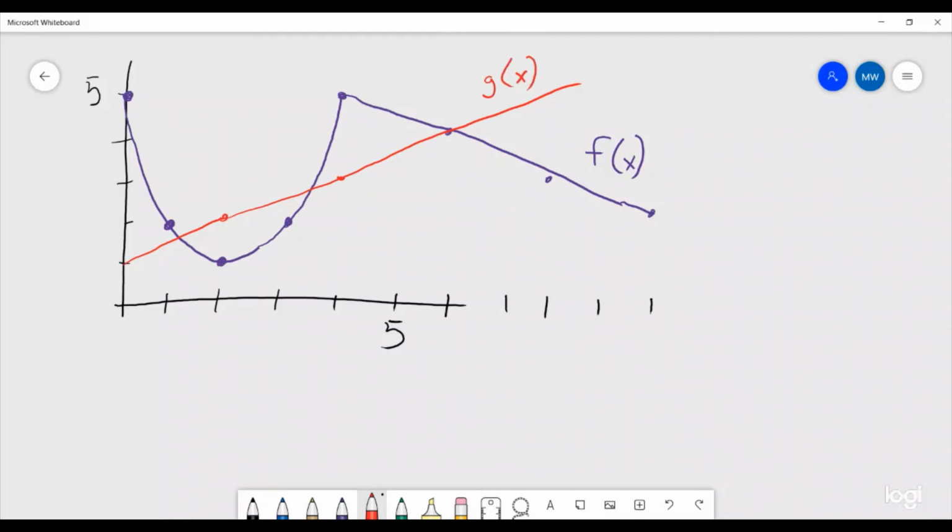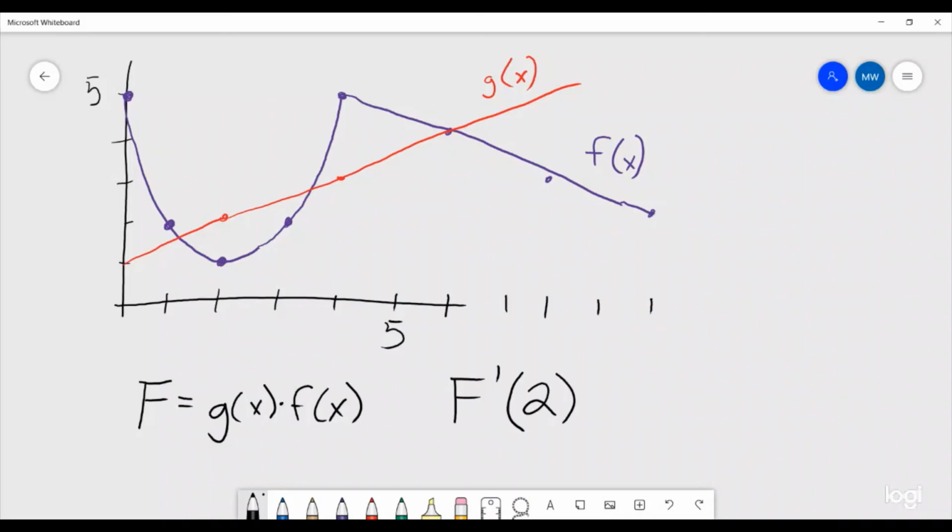Let's try and figure out, if f is equal to g of x times f of x, we want to figure out what is f prime of 2.